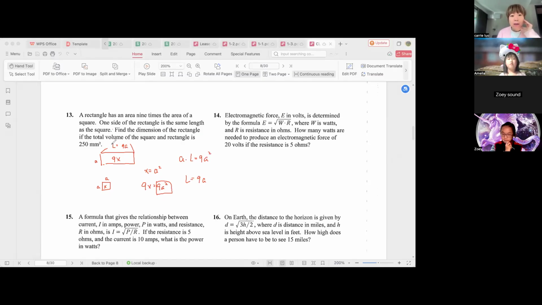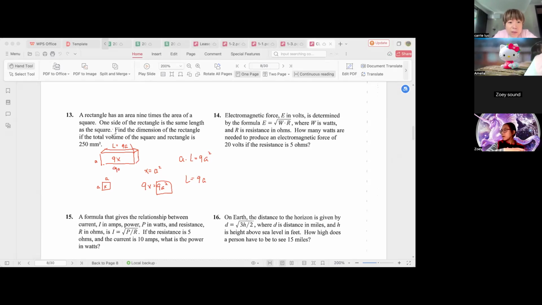Find the dimensions of the rectangle if the total volume... I think this one is A as well because it's called the volume. Otherwise it wouldn't be enough, right?